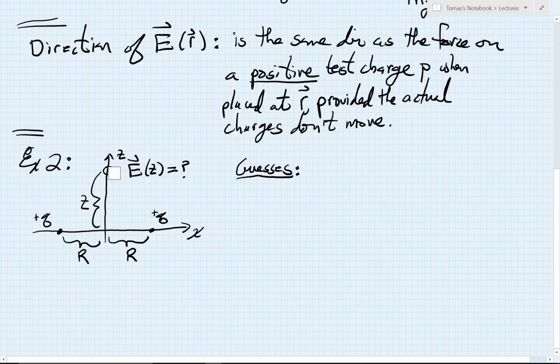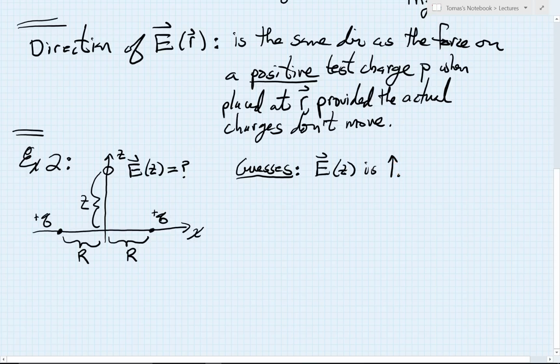If I were to put a positive charge up here, I think we can see what the direction of the force is going to be. There will be repulsion from this charge over here, generating a force that's up and to the right. There'll be repulsion from this charge here, generating a force that's up and to the left. The left and rightward components will cancel, and the electric field will be straight up. So the first guess I'm going to make is that the electric field at location z is in the upward direction.